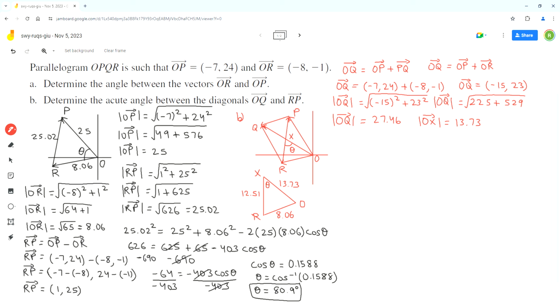Now we can use the cosine law equation to find angle theta, and since angle theta is opposite to the side with length 8.06, we'll start writing the cosine law equation with side 8.06.